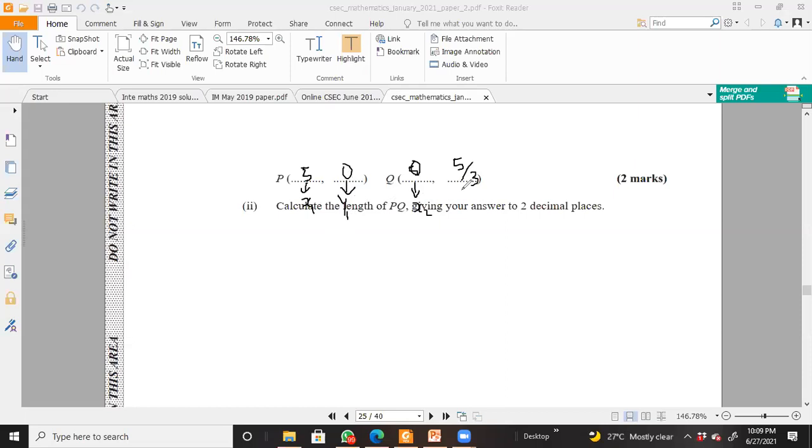Now, because I'm going to work with square roots, I'm going to advise you to change this one to decimal for me. What is 5/3? 1.66. So 1.67. All right. Now, this will give me my y2.